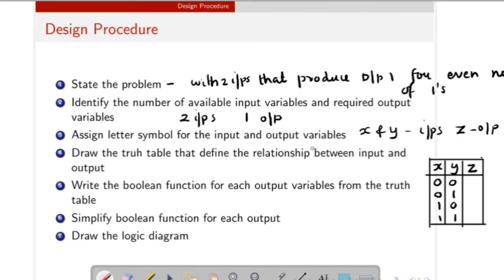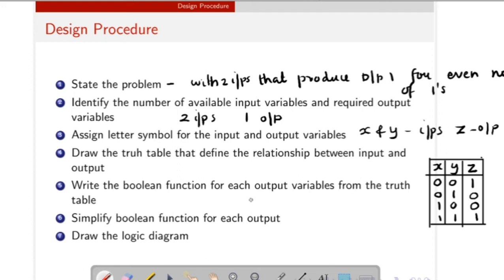So here it uses all the input combinations. For even number of ones, it generates output 1. Here, 0 number of ones, 0 is even, so output is equal to 1. Here odd number of 1, output is equal to 0. Here also odd number of 1, output is equal to 0. Even number of 1, output is equal to 1. So we have the truth table.